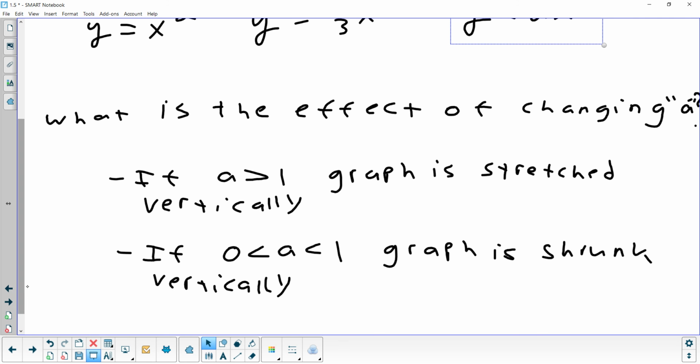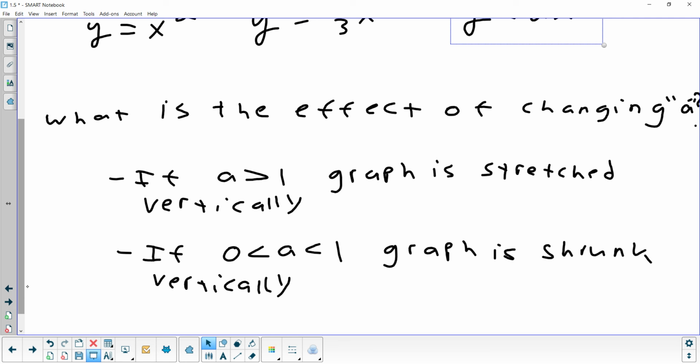And of course, the bigger the number you put in, the more of a stretch or compression you can create. If you graph y equals 50x squared, that's going to stretch it an extreme amount vertically. If you put in y equals 1/100x squared, that's going to make the parabola very squished, and it's going to start to get very wide horizontally.